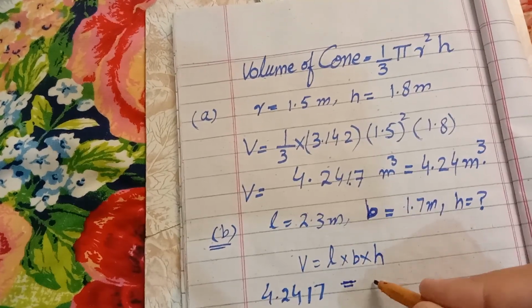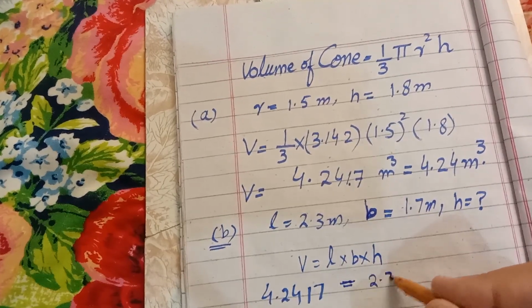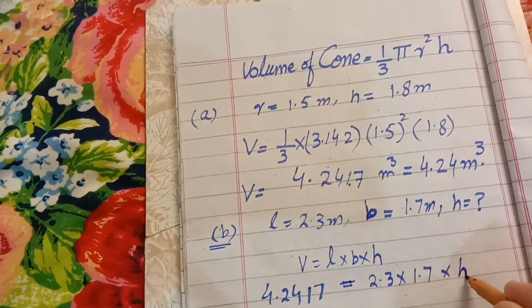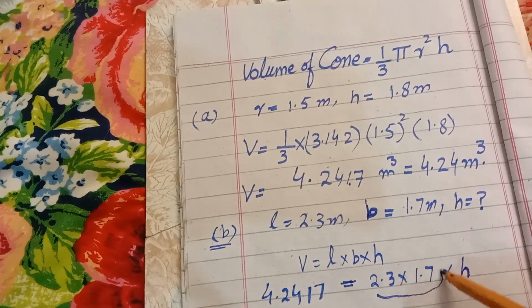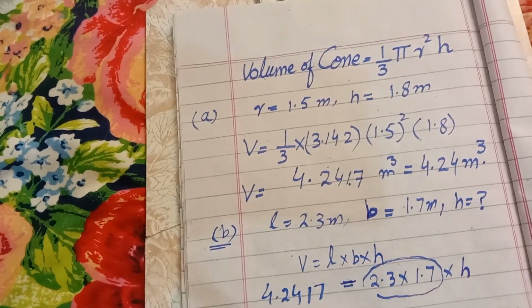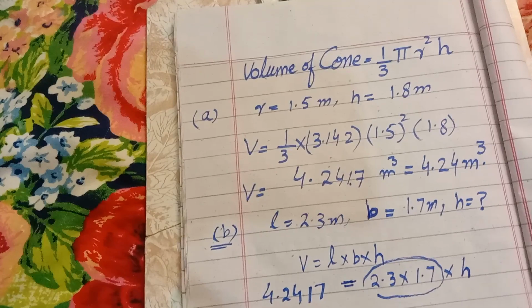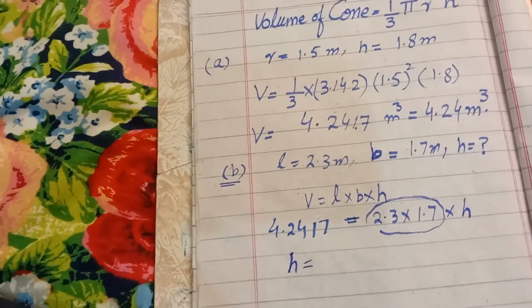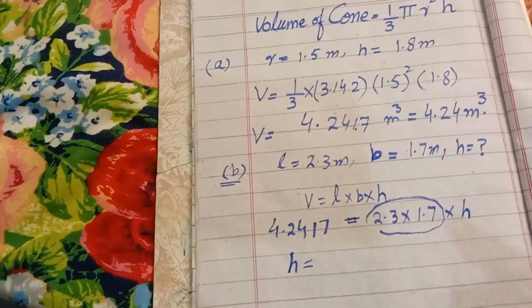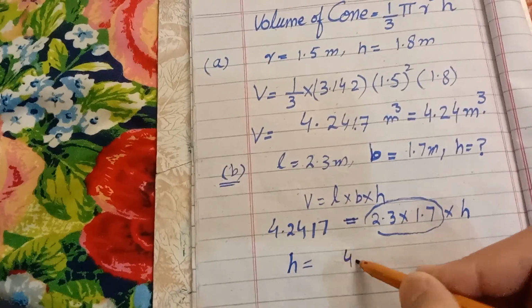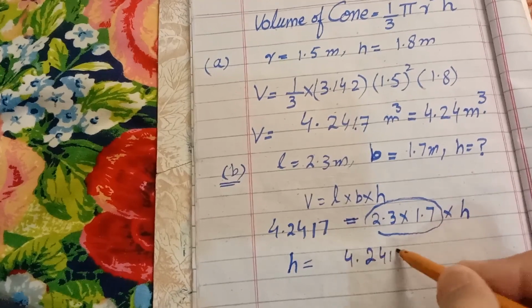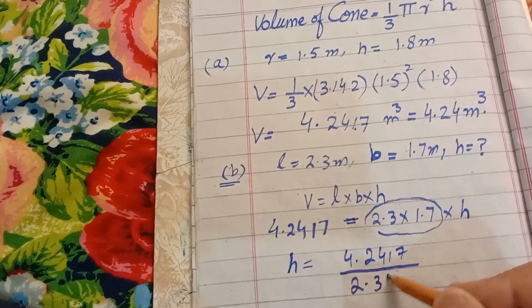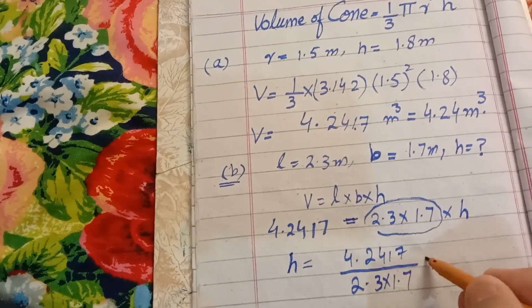L is given as 2.3, B is given as 1.7, and we have to find H. In order to find H, shift these two numbers to this side. This will be divided, so we get H is equal to 4.2417 divided by 2.3 times 1.7.